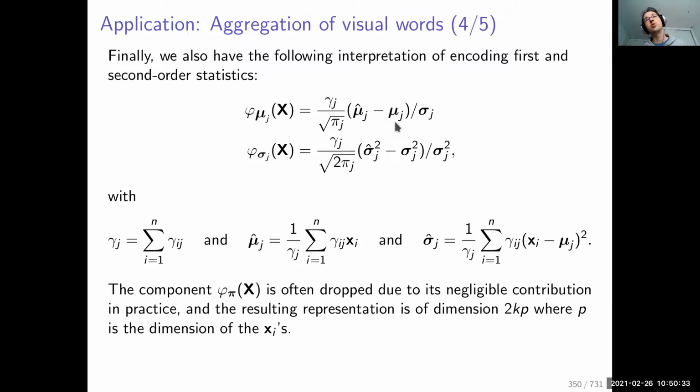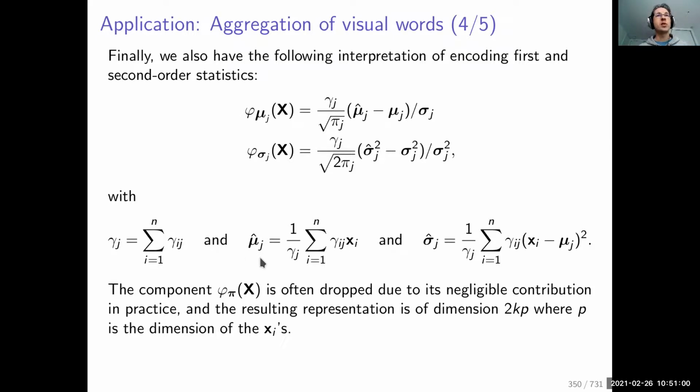We compare it with mu j, and we do the same for the second order moments. And these empirical averages are weighted. Basically, mu hat j should be seen as the empirical average of points xi that have been assigned to the component j.